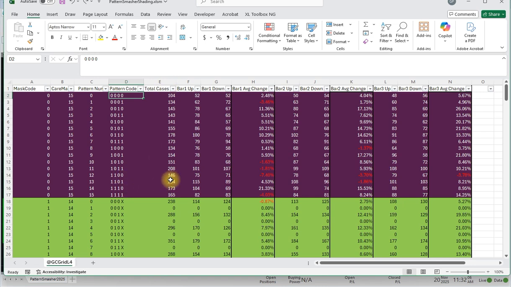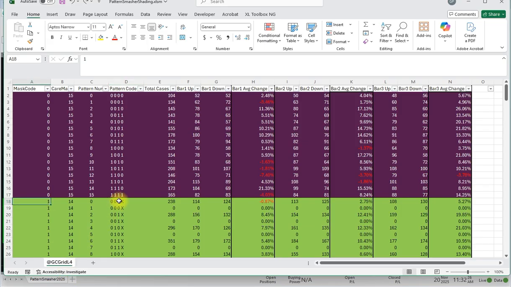And that's what masking does. Masking basically turns off a formula. In other words, it says, I don't care. Okay. So in this example, I've got pattern 0 masked with number 1, decimal 1.